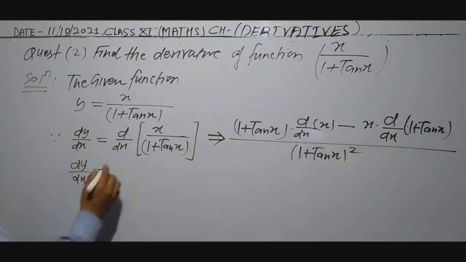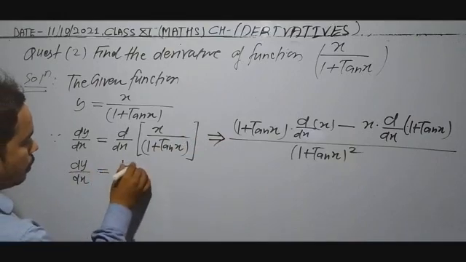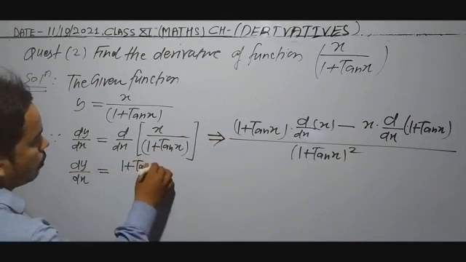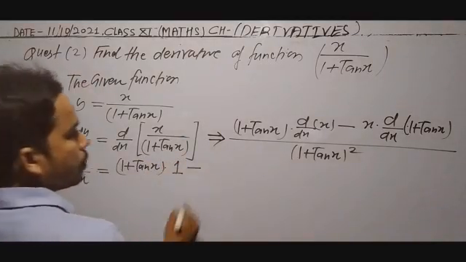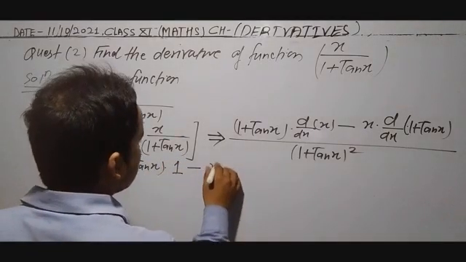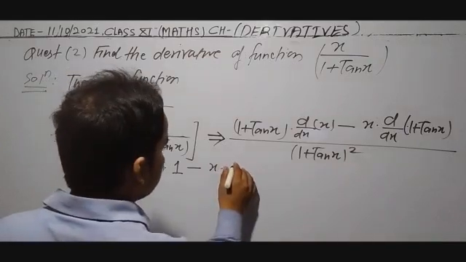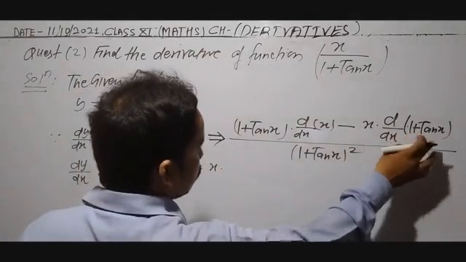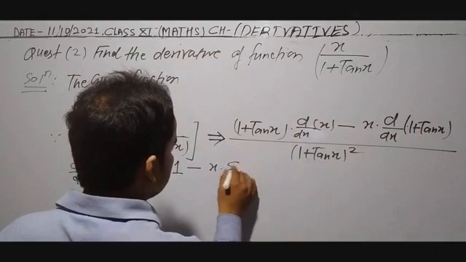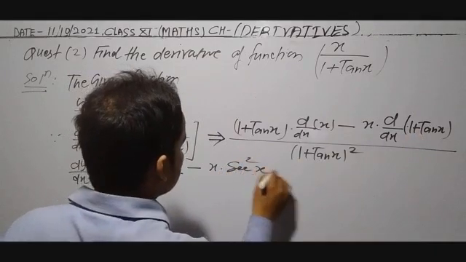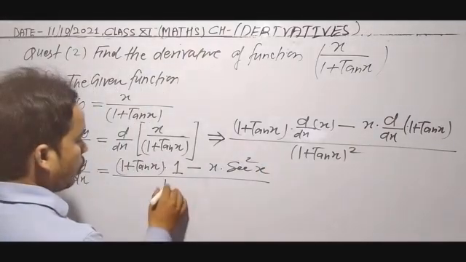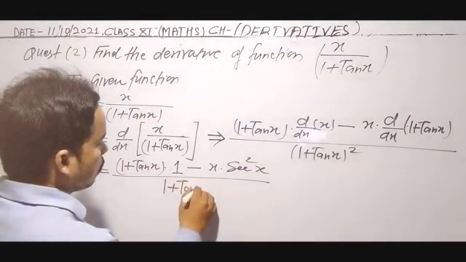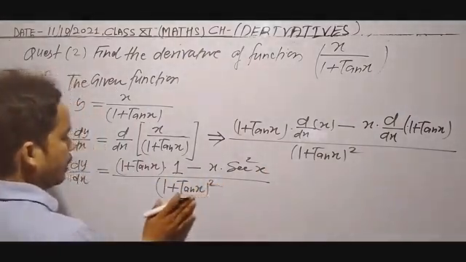Now dy by dx we can write 1 plus tan x into 1 minus x times d by dx of 1 is 0 and the tan x is sec square x, and whole upon 1 plus tan x whole square.